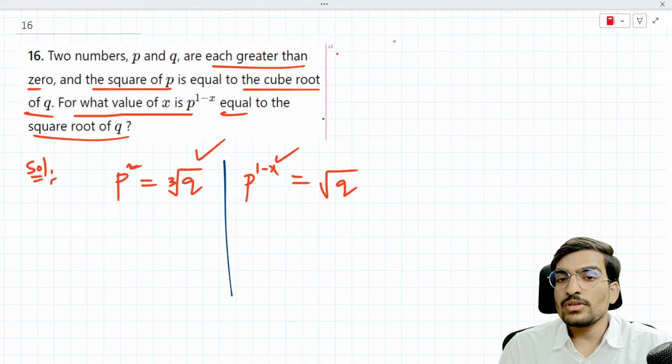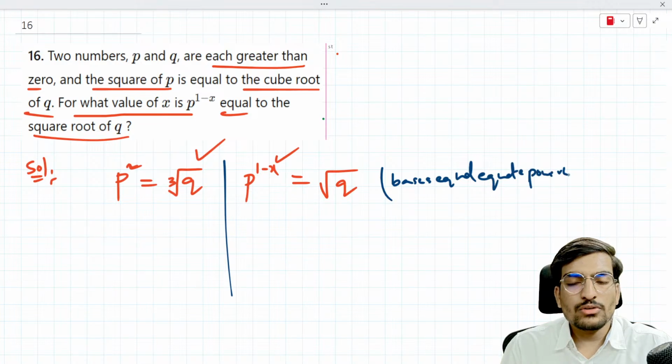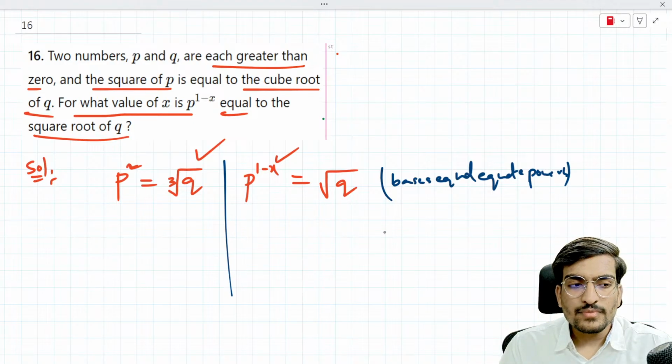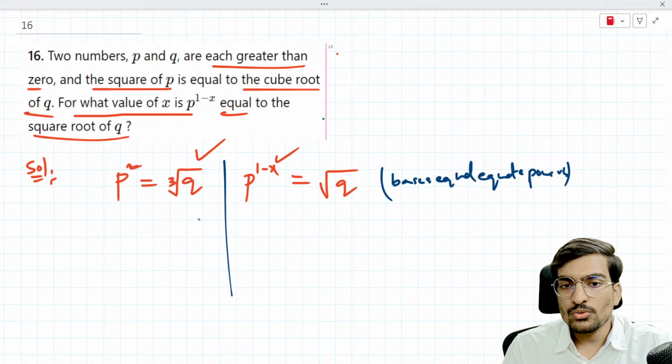So we are definitely going to use this: if bases are equal, equate powers. If we can get the value of q, we can substitute that q here.